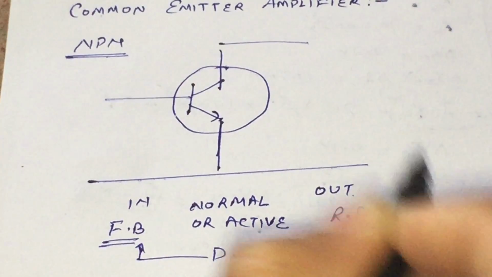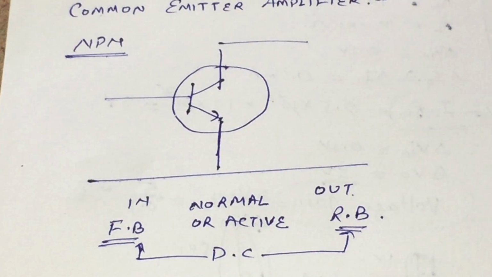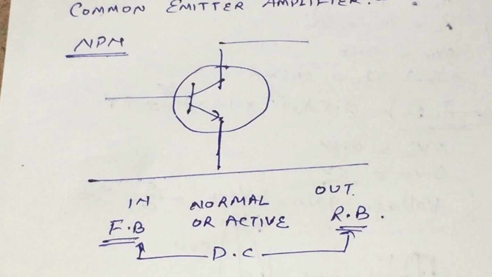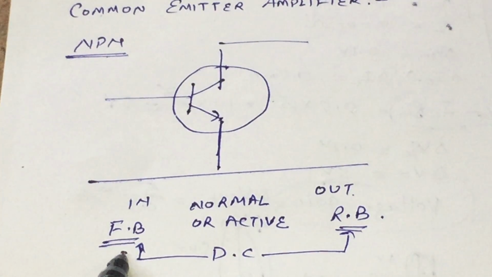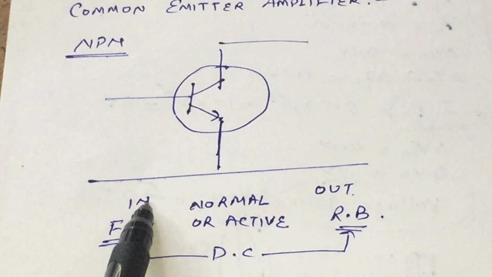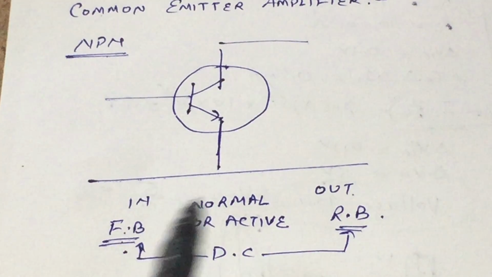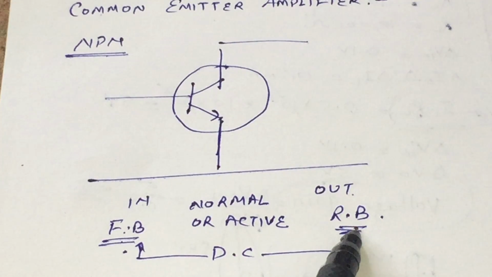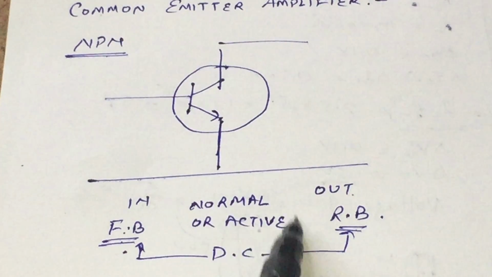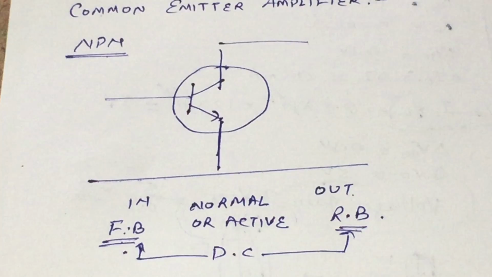And this reverse biasing and forward biasing are independent of the input AC polarity. We have to make the input forward biased and the output reverse biased so that the transistor can act in the normal mode.